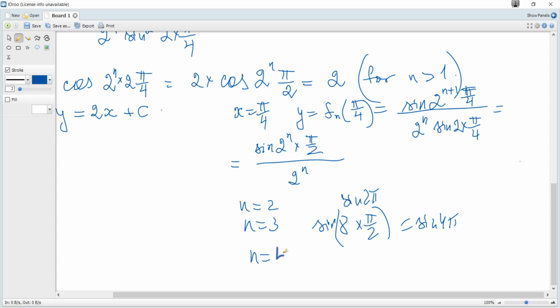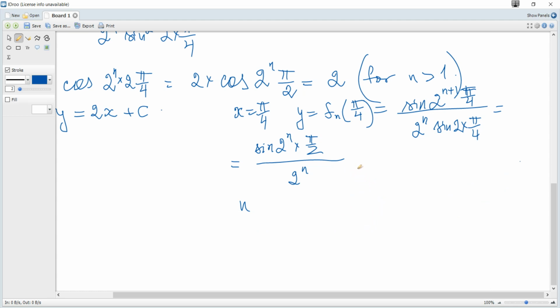When n is 4, it will be sine of 8 pi and so on, and the sine of k pi is 0, so it's 0 for any n greater than 1.